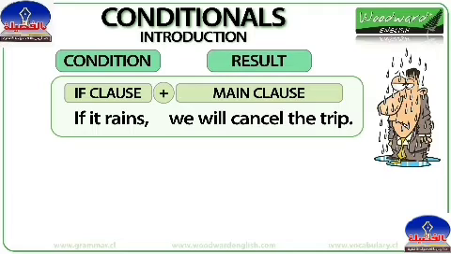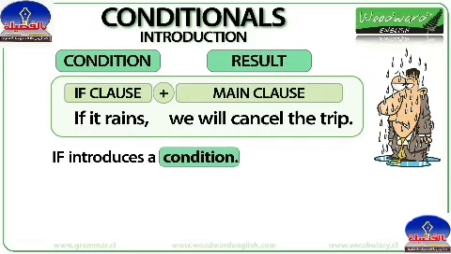For example, if it rains, we will cancel the trip. If it rains is the if clause, the condition. An if clause begins with if and has a subject and a verb. We will cancel the trip is the main clause, the result.